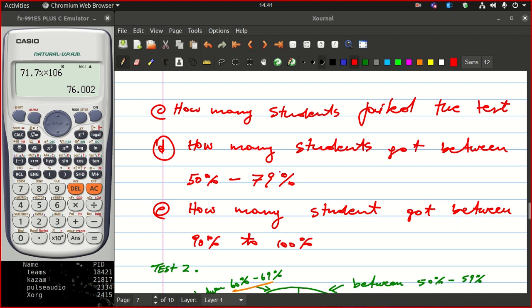And then the second question is how many students got between 50 to 79, which means we are looking at 8.49 plus 29.25, which is fine. And then the next one is 22.68. This one is fine, divided by 100 times. So this one is 3.